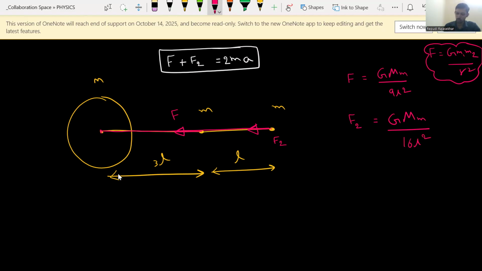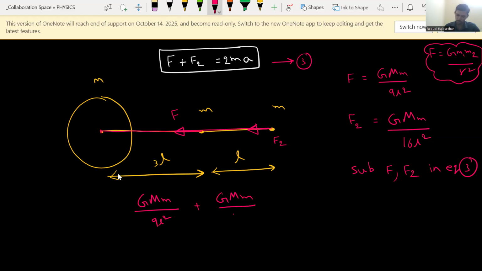Now substitute these two values in this equation. Let us take this as equation number 3. Substitute the F value and F2 value in equation 3. F is G into M into small m divided by 9L square, plus F2 is G into capital M into small m divided by 16L square, equals 2 into m into A. Now the small m values cancel here.